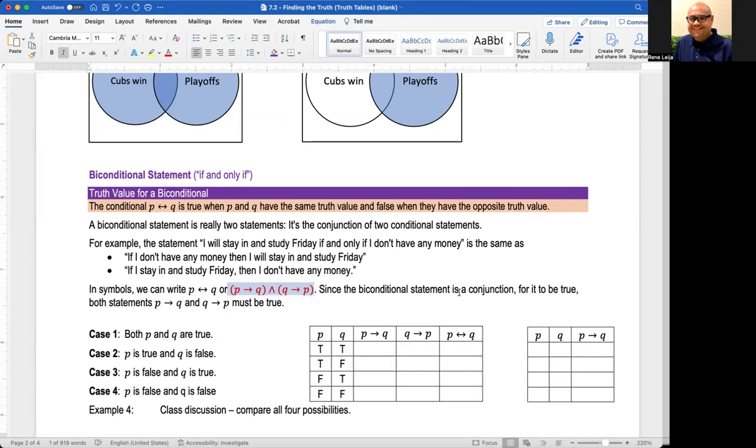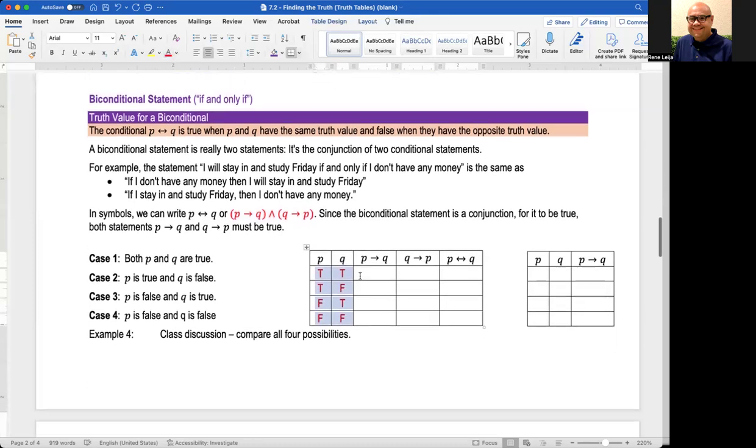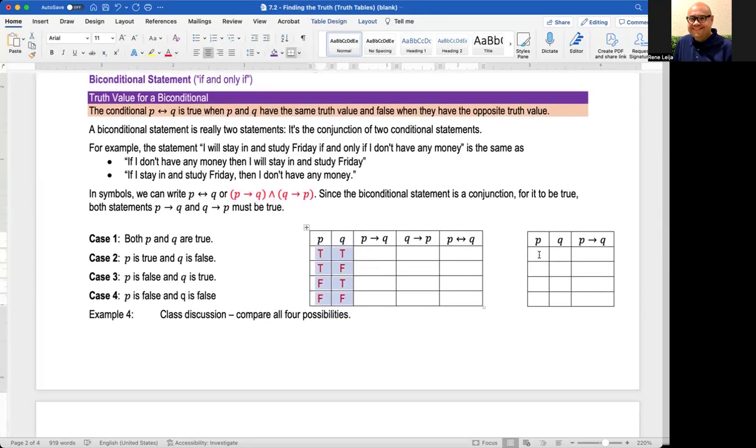Since the biconditional statement is a conjunction, for it to be true, both statements, P then Q and Q then P, must be true. All right. So this is what you would start with. All right. Now let me fill this in. This part over here is what we just did for our conditional.